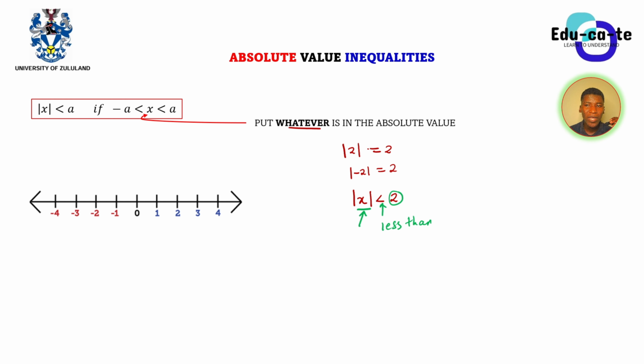I know the critical points. I know which numbers give me a distance of 2, because for me to get an absolute value of 2, I can either use 2 or I can use negative 2.